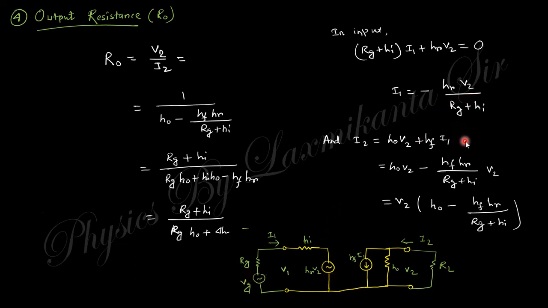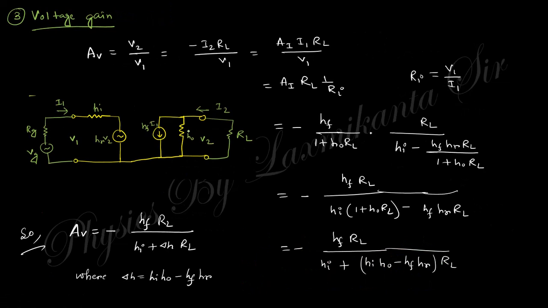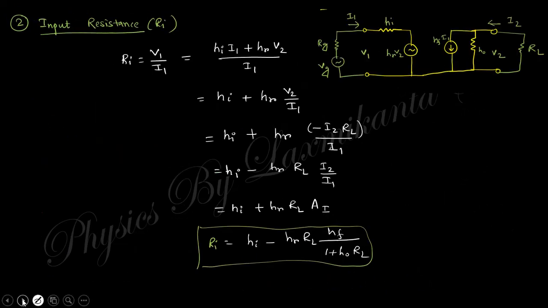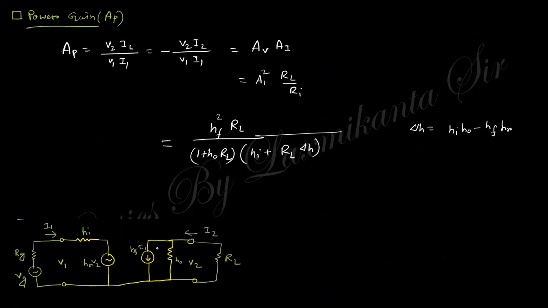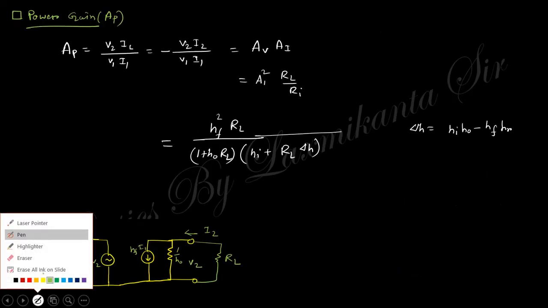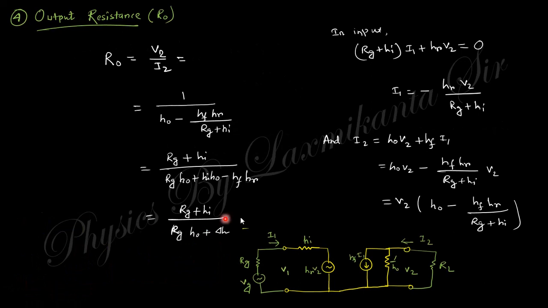So finally I1 equals like that, and I2 equals H naught V2. This is 1 by H naught, because H naught is the admittance.